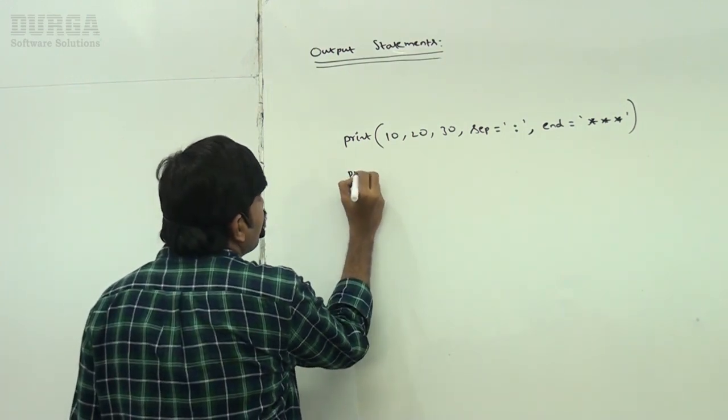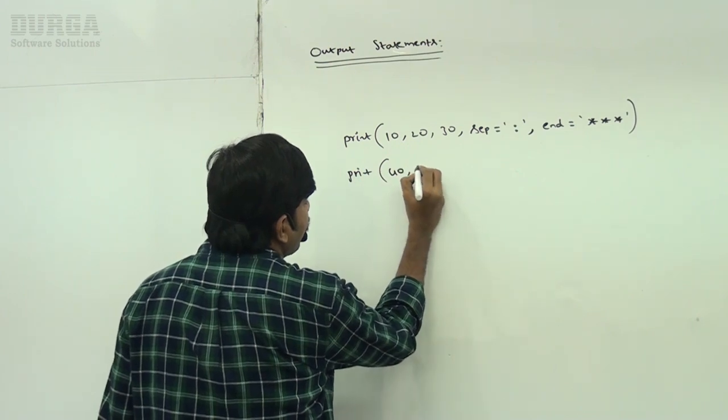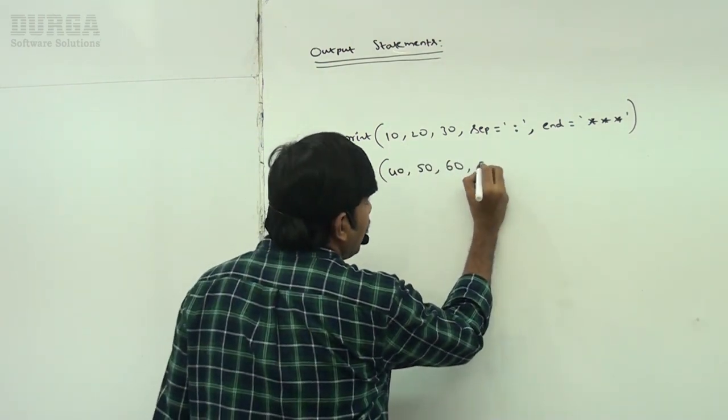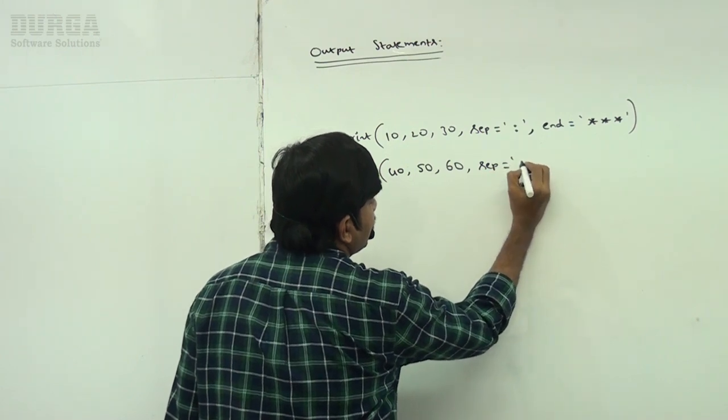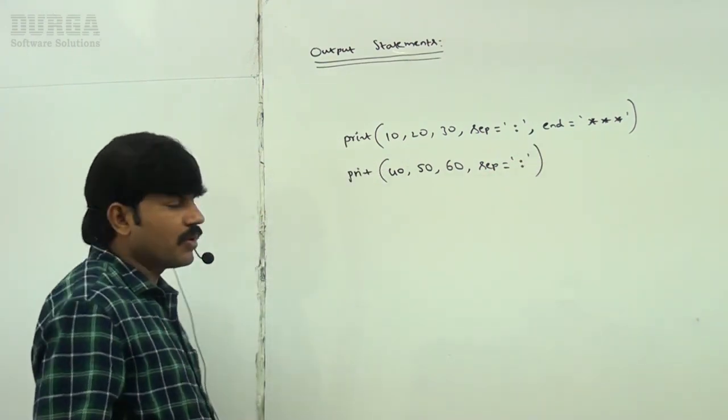Next, print of 40, 50, 60, comma, SCP is equal to colon.